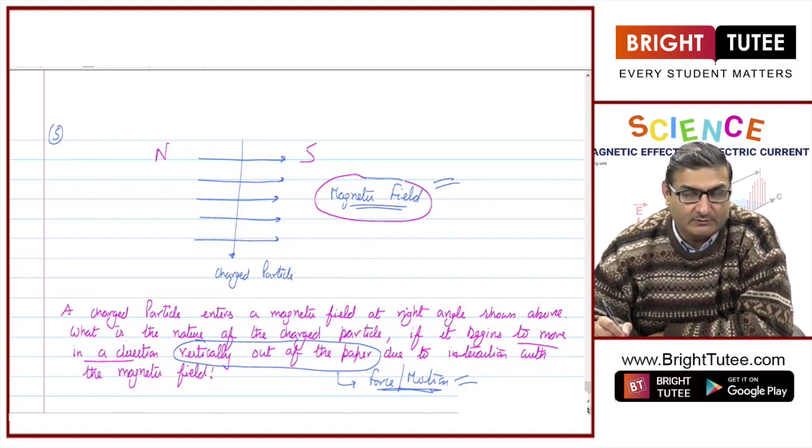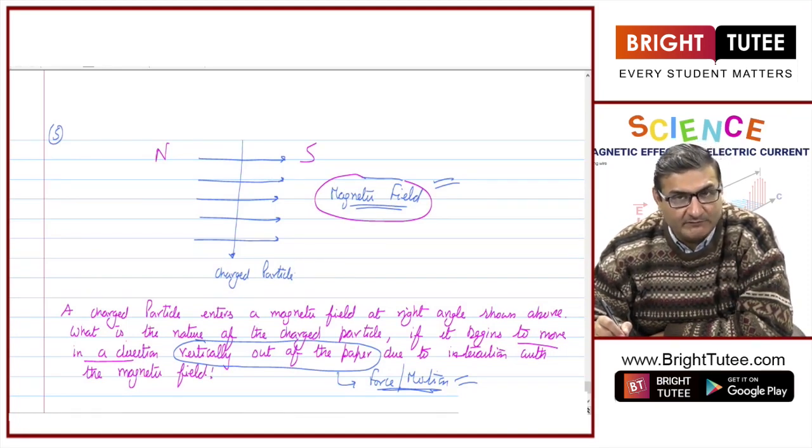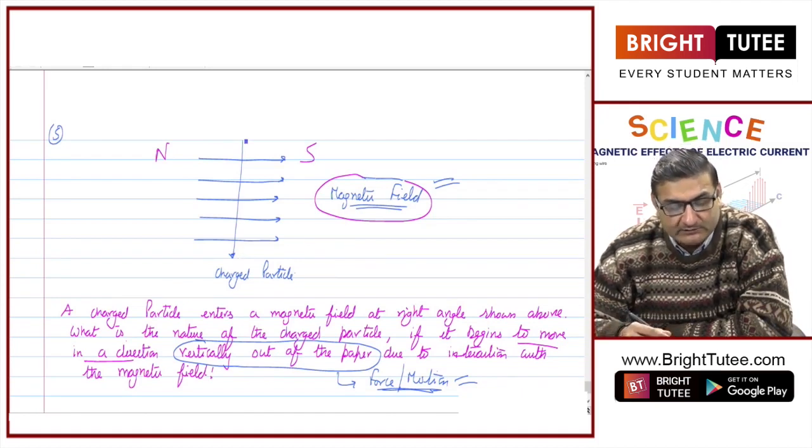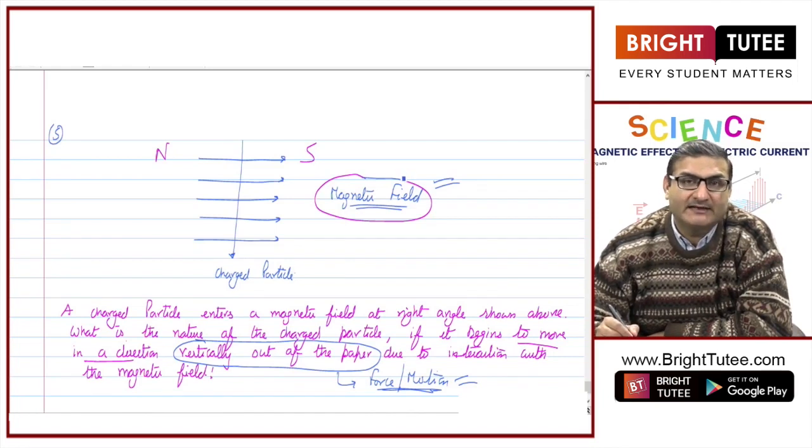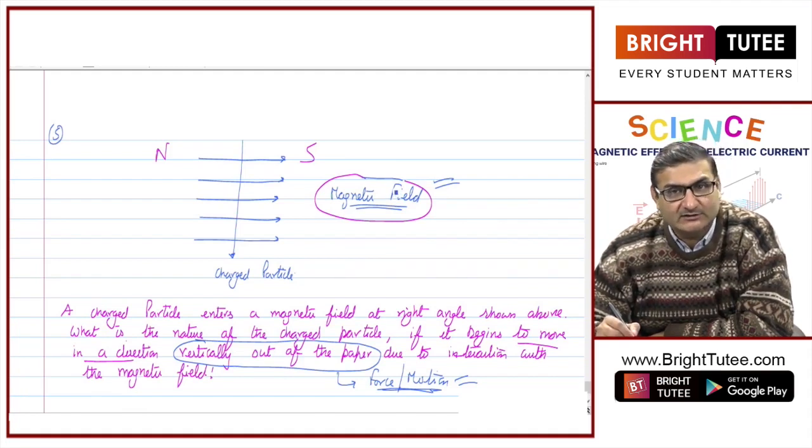But if using Fleming's left hand rule, we find that the direction of current is going opposite to this direction of charged particle, then we can easily comprehend that this charged particle is a negatively charged particle or an electron. Why? Because the direction of current and electron are opposite.